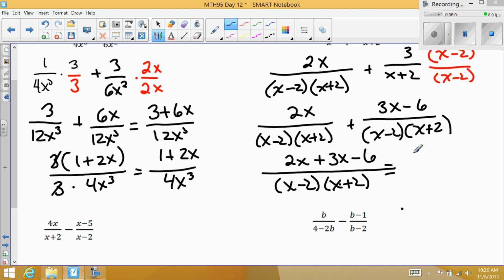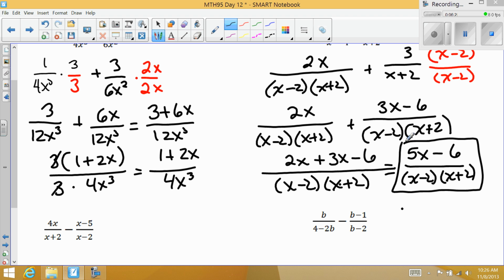And then I can combine like terms here. 2x plus 3x is 5x subtract 6 over x subtract 2, x plus 2. And there's nothing I can factor out of the 5x subtract 6, so it doesn't reduce. That is my final answer.